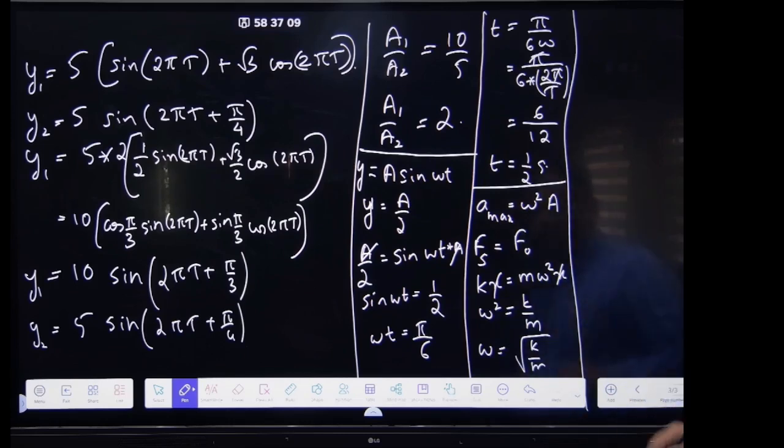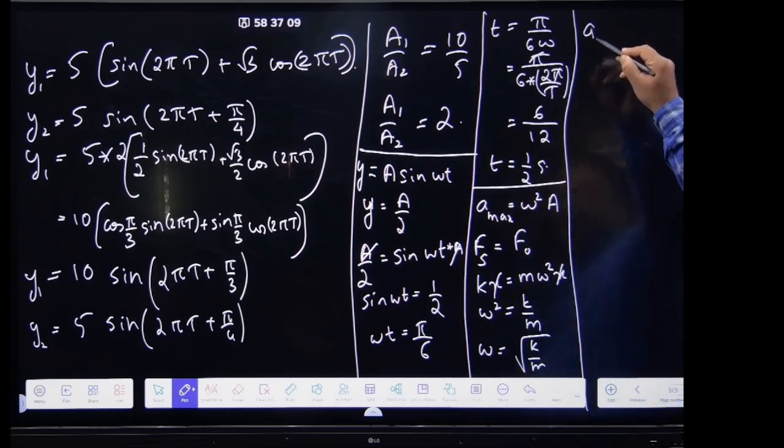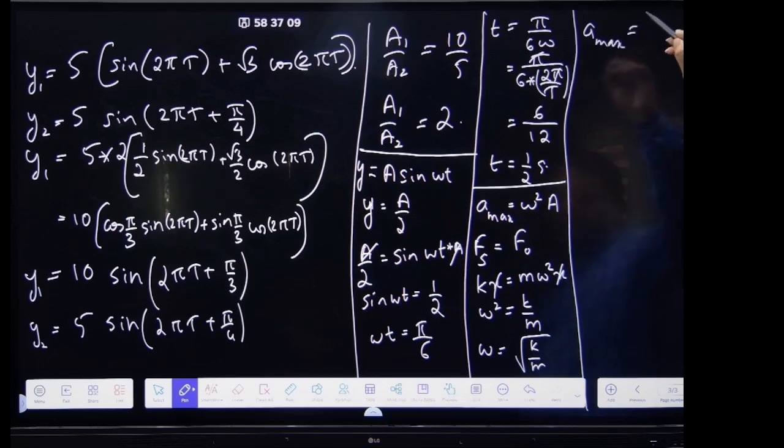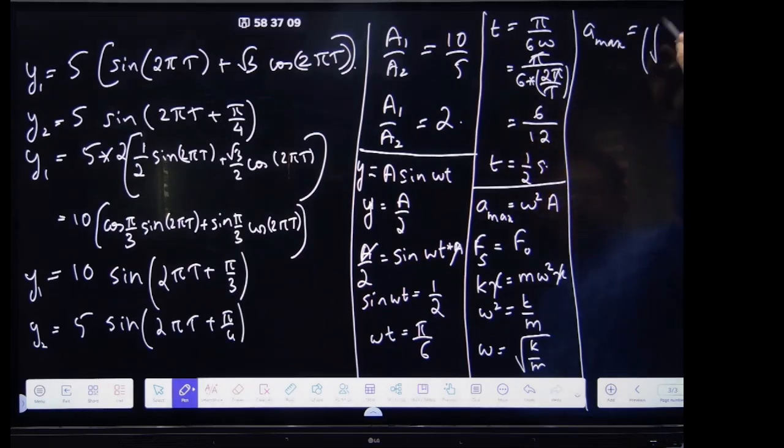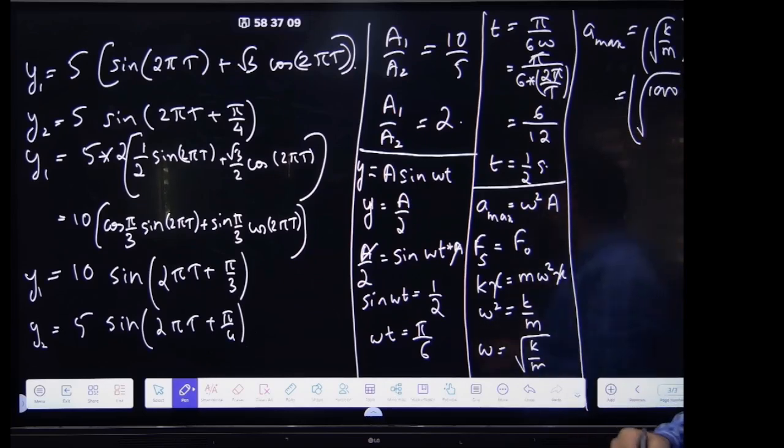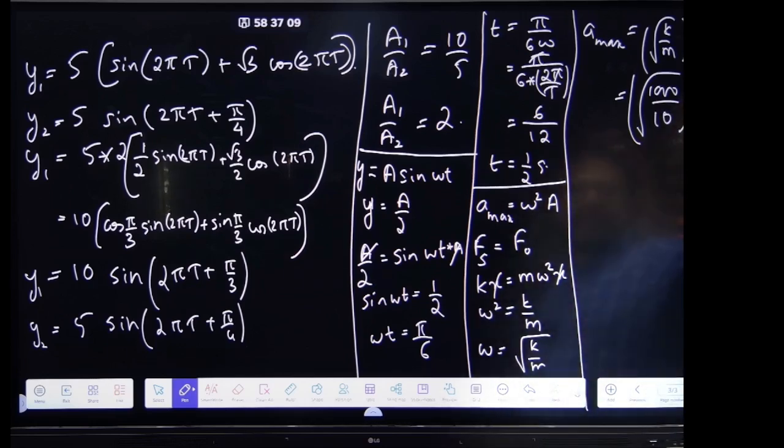Now here we need A max. So A max is equal to omega square A. What is omega square? Root of k by m, the whole square, into capital A. Now k is 1000, m is 10 kg, the whole square, into 10 centimeter. I can write 10 centimeter as 10 into 10 to the power of minus 2.